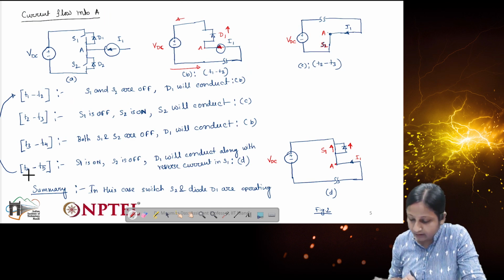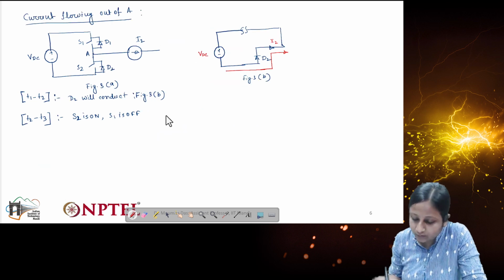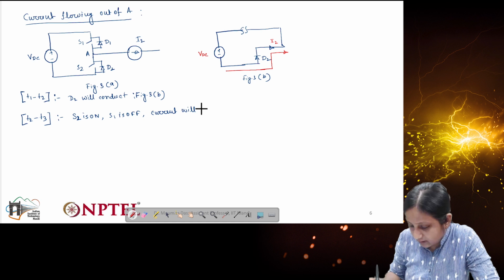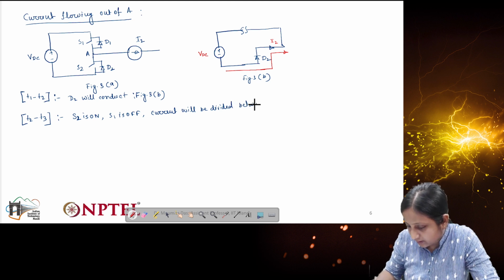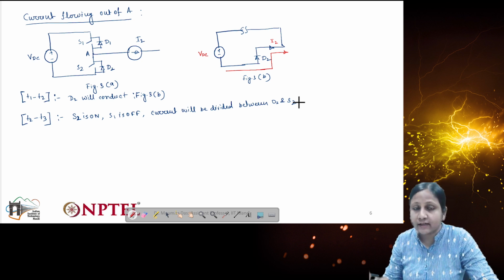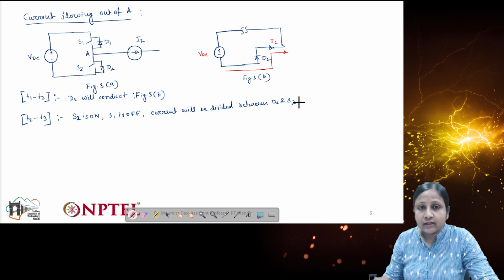In T4 to T5, this current will be divided between D2 and S2. If the device can carry reverse current, then this current will flow through the device in the reverse direction.